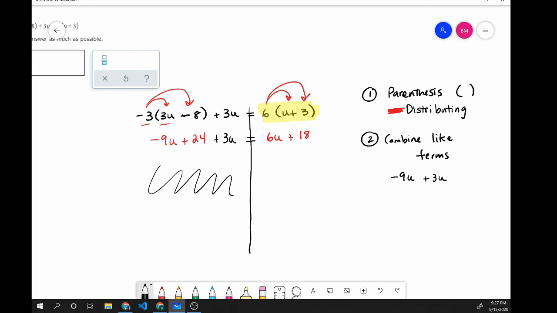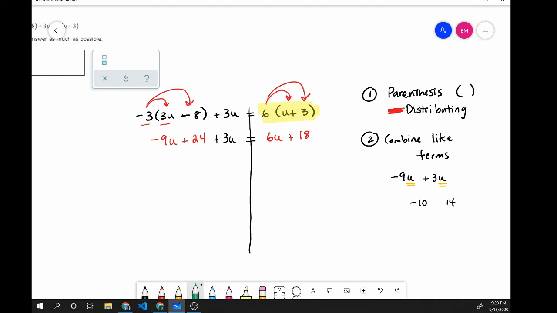And they both look the same. So in this case, they both have a u in them. So again, to combine them, we need to be on both the same side, either the left or the right. They both have to look the same. Also, if you had something like negative 10 and 14, those both don't have u's, so those are okay to combine.